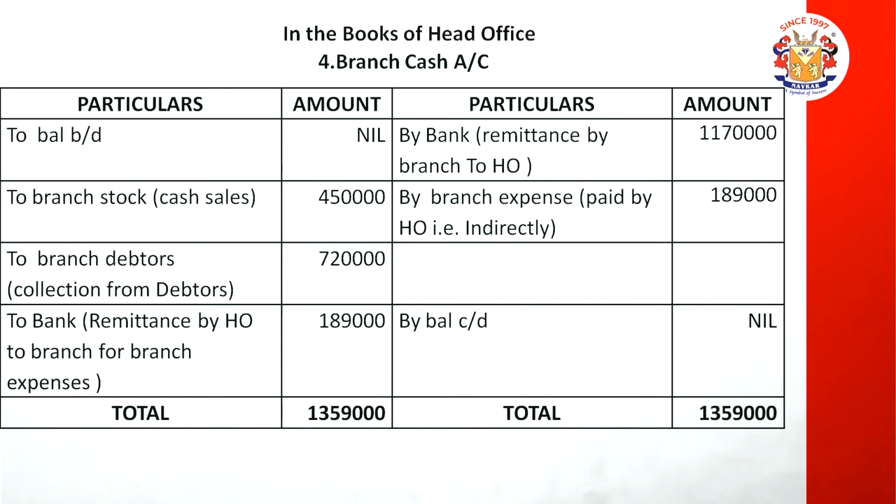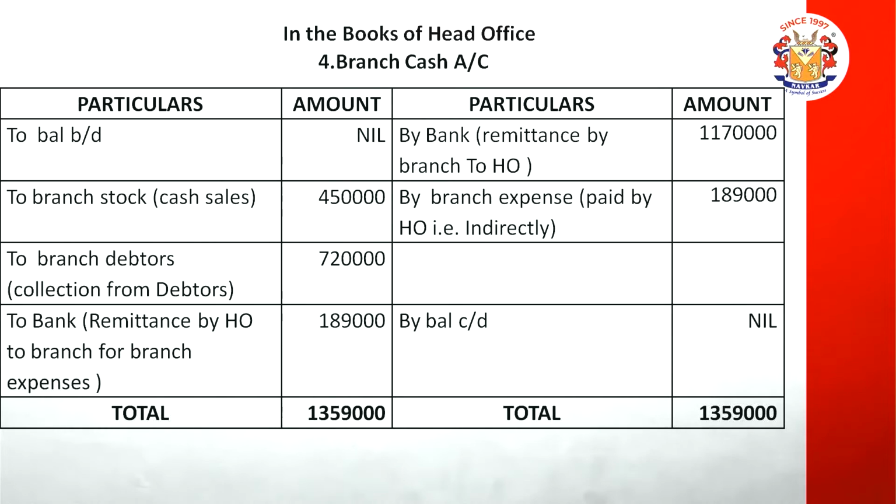HO means head office. So the journal entry regarding 11,70,000 will be: HO's bank account debit to branch cash account 11,70,000.